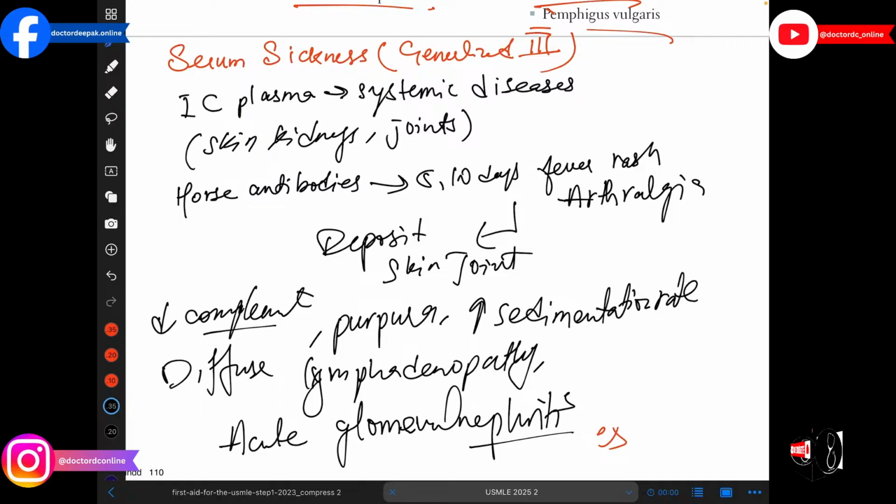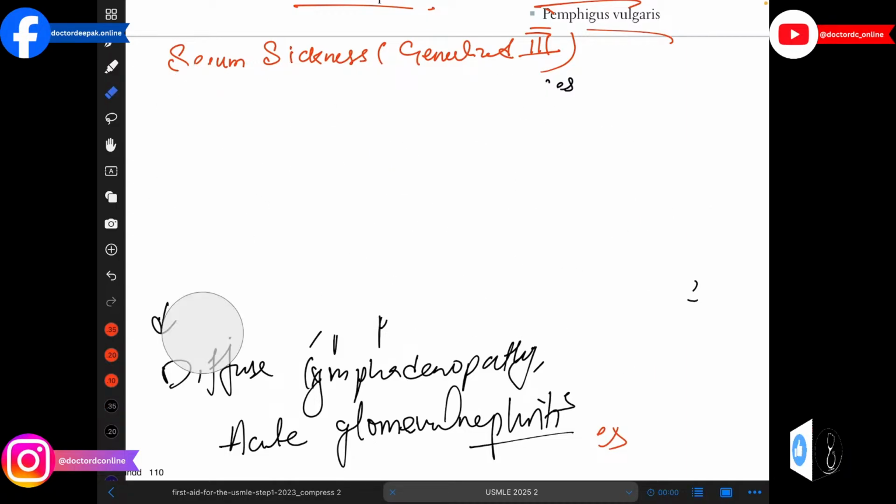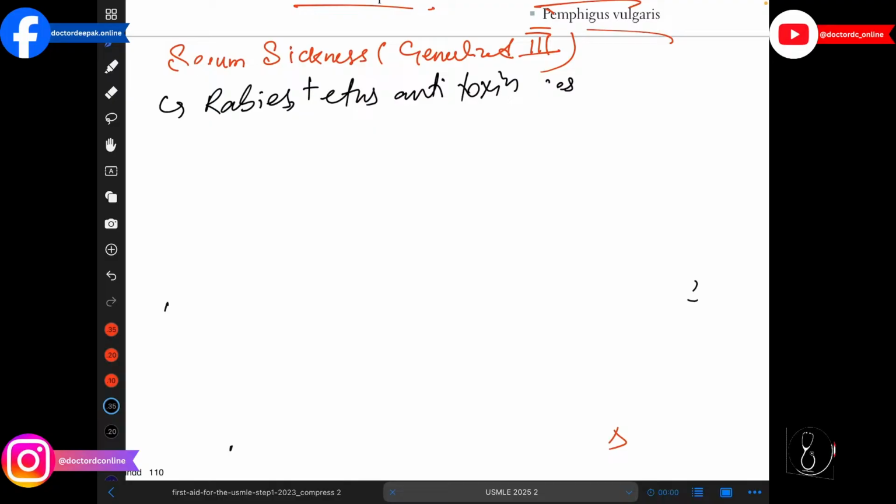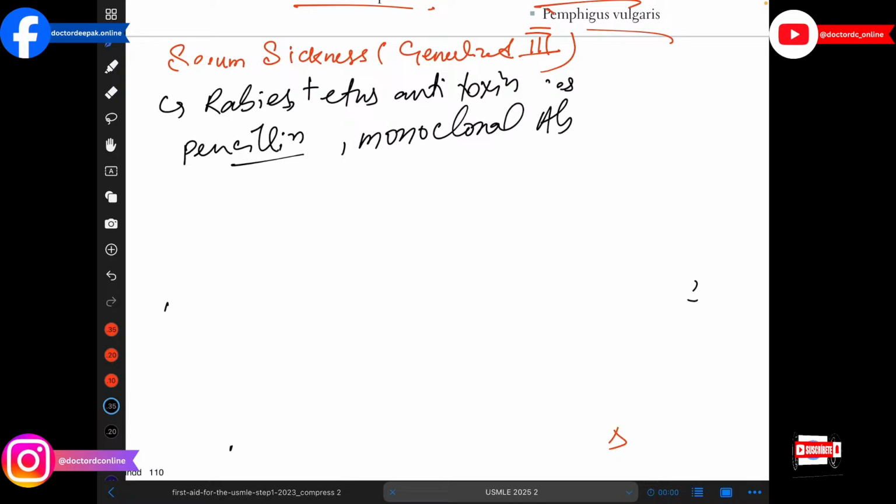Serum sickness can be caused by rabies or tetanus antitoxin, and rarely by penicillin, a drug acting as a hapten, and by monoclonal antibodies like rituximab and infliximab.